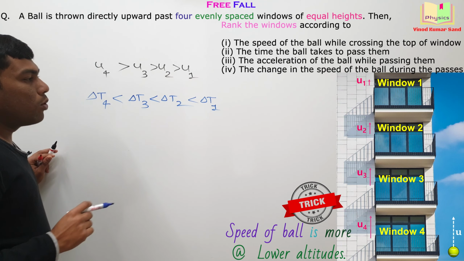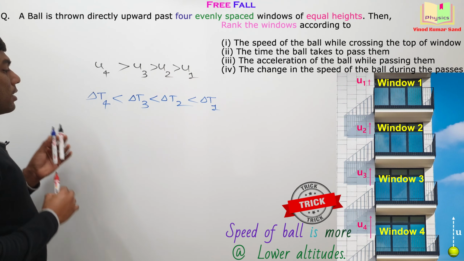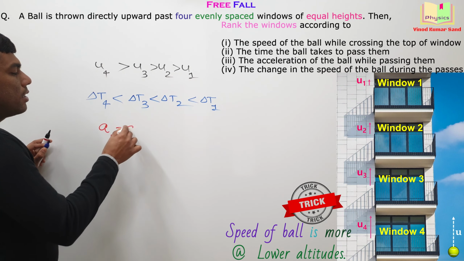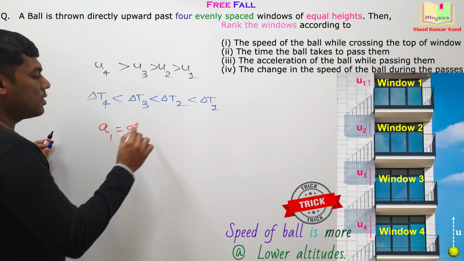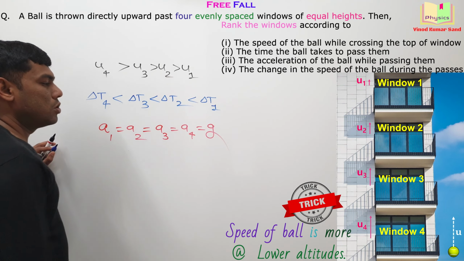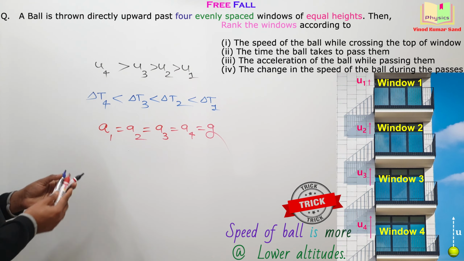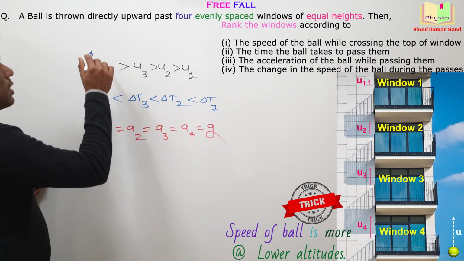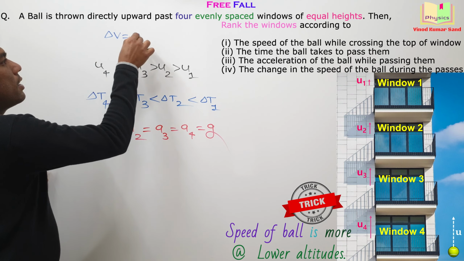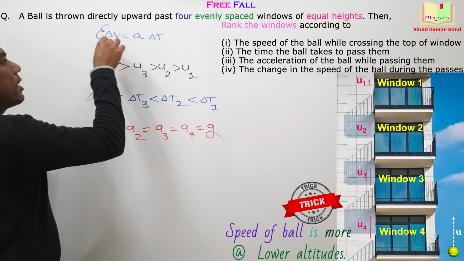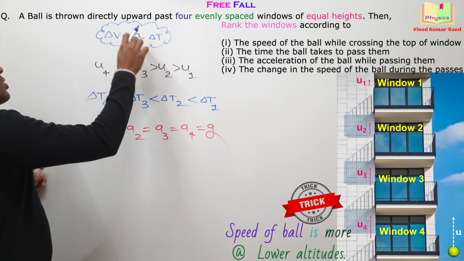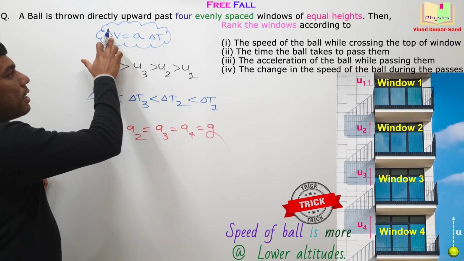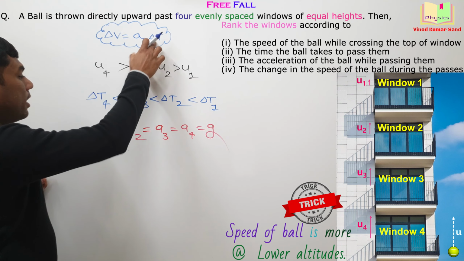Now if we talk about the acceleration, we already know that acceleration throughout this journey is equal to g only. The next part is asking us the change in the speed. We know that change in speed is written as a delta t. a is constant, so delta v is directly proportional to delta t.